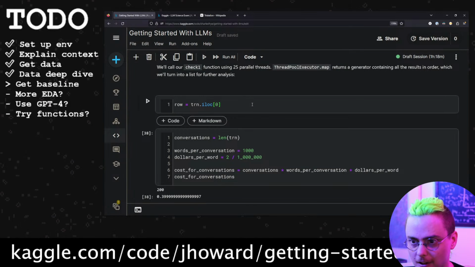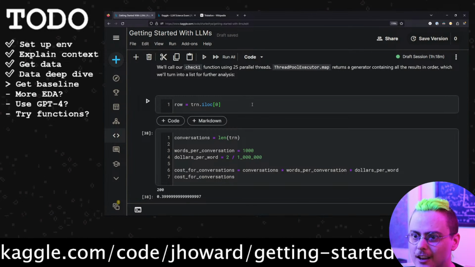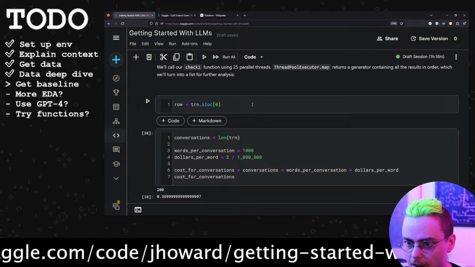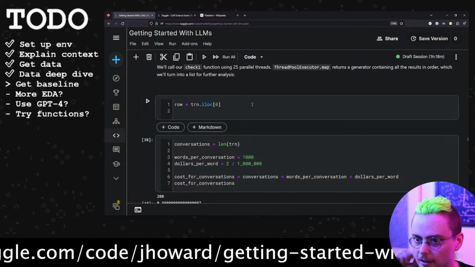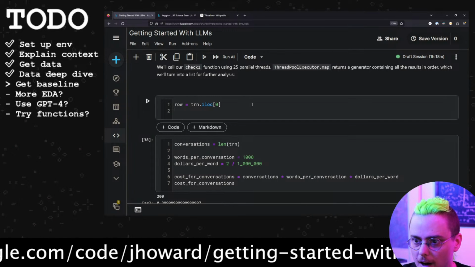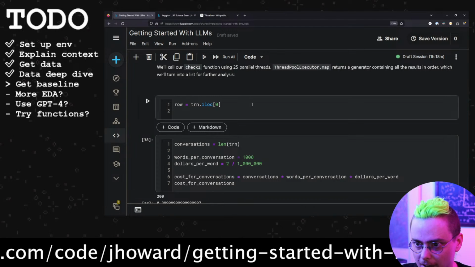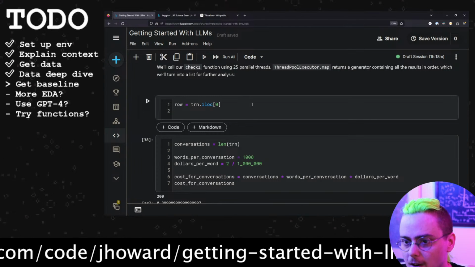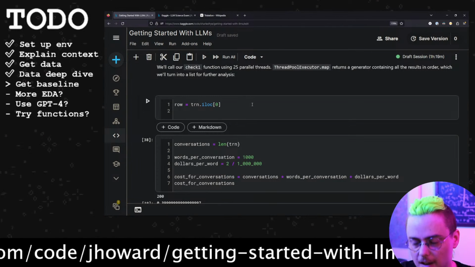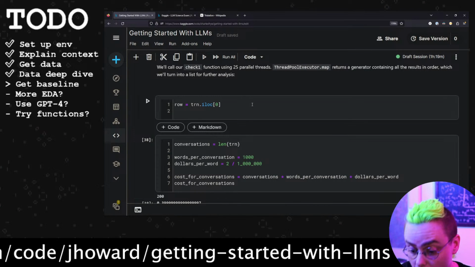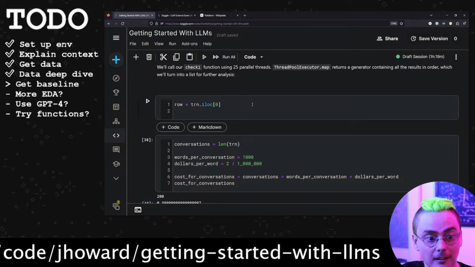Tokens here means some collection of letters. Usually it's a whole word or a large fraction of a word, so we'll just pretend that it's the number of words. They often have a white space at the beginning, so they kind of separate out like that. We can estimate the number of tokens, as a first pass, by looking at the number of words.